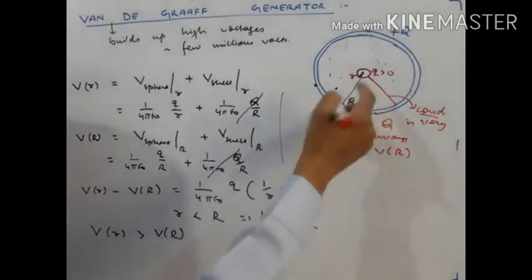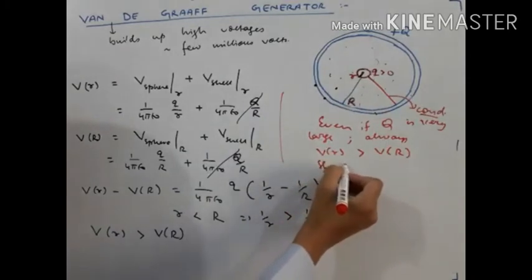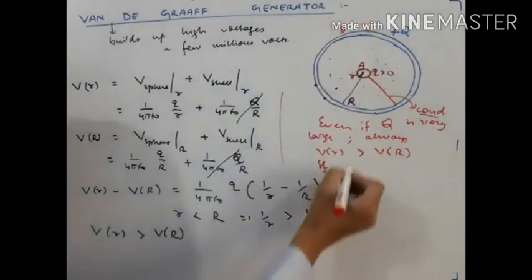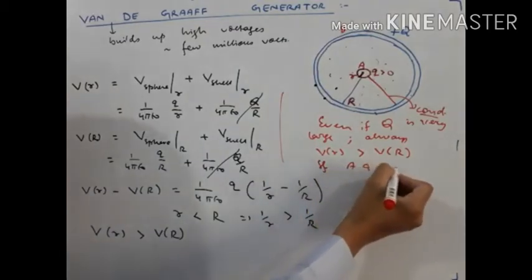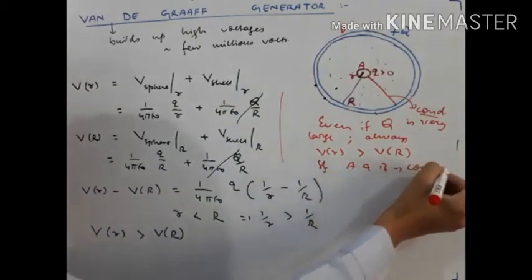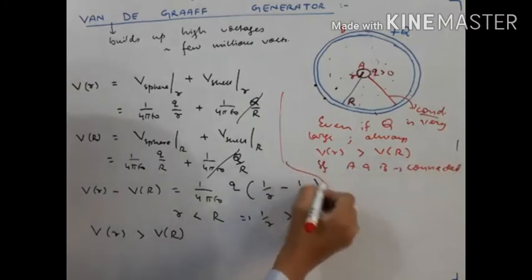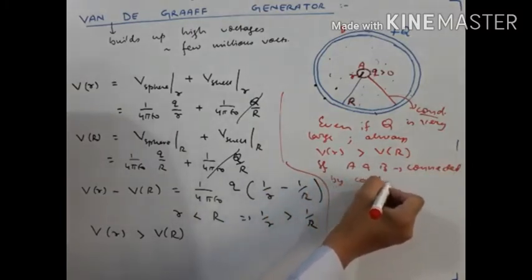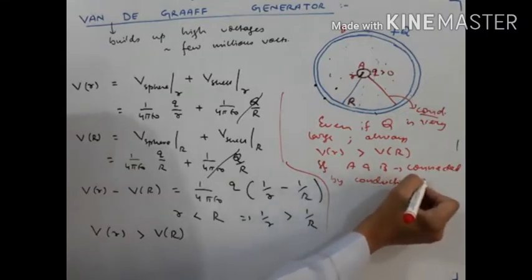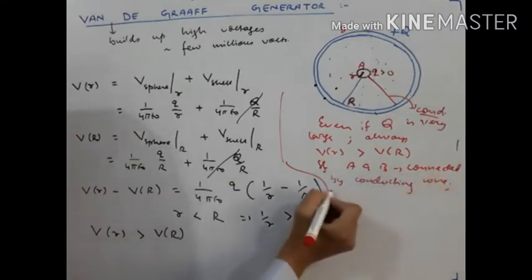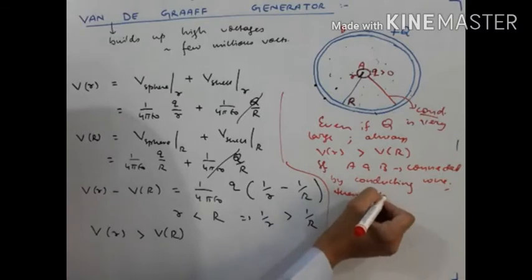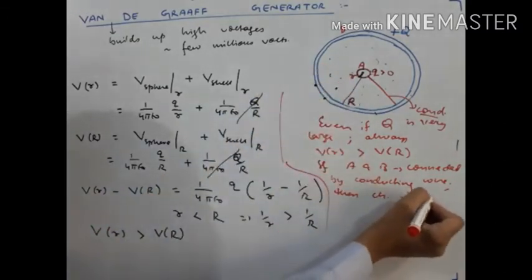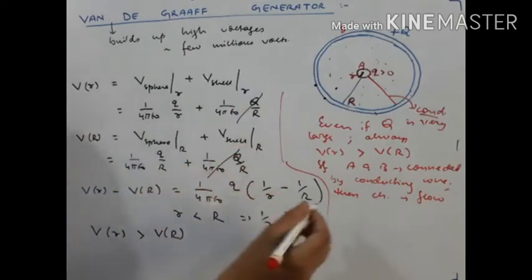If we connect them, suppose I call this A and this cell B, if A and B are connected by means of a conducting wire, then charge, which we have taken as positive, will flow from higher potential to lower potential.